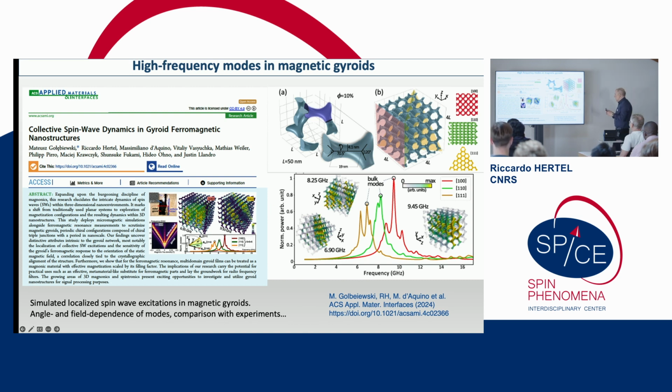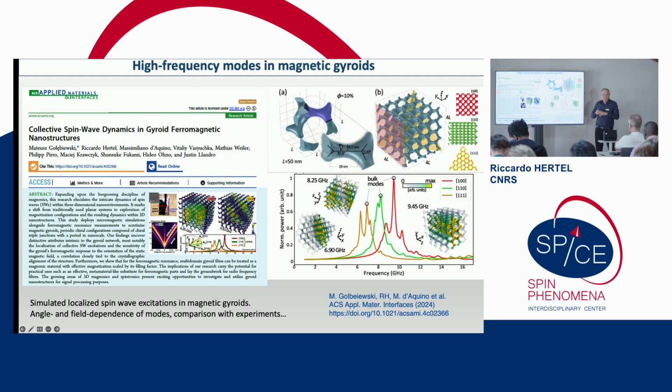We get an angular and field dependence of the peaks. You can see where these are localized. And Olivier has asked a question about the internal fields, and yes, it does play a role. I already talked with him about this, but we have verified this by looking not at a cube like this, but at an elongated rectangle, where what we call a macroscopic surface anisotropy plays a role, shifting the peaks to some directions which correspond to those that we find in the experiments, because in the experiments, the gyroids are essentially very extended, millimeter-sized thin films.